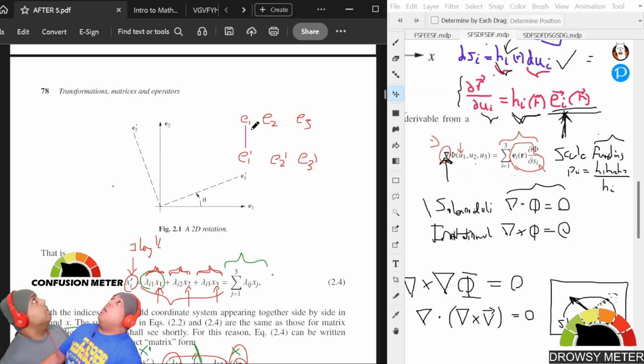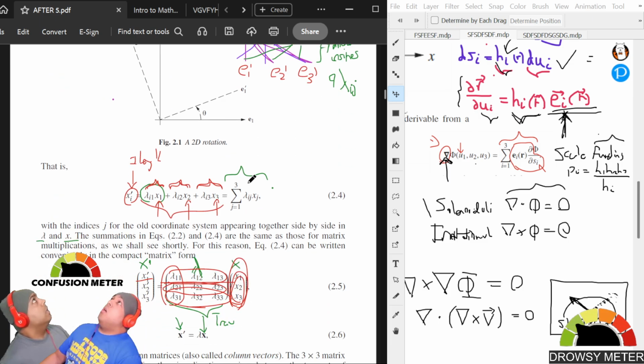There's an angle between these guys, angle between these guys, angle between these guys. So 9 direction cosines, 9 lambda ij's. Okay.